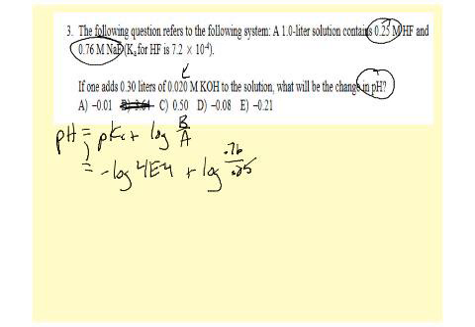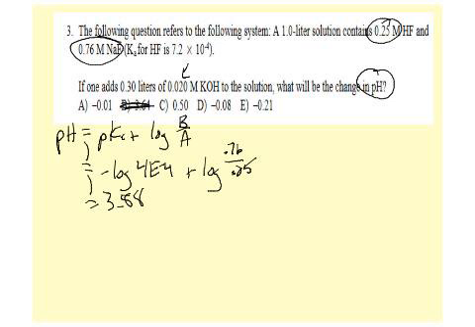The log of 3.04 is 0.48, plus negative log 4E negative 4, which is 3.40. Anyway, my pH here would be 3.88.